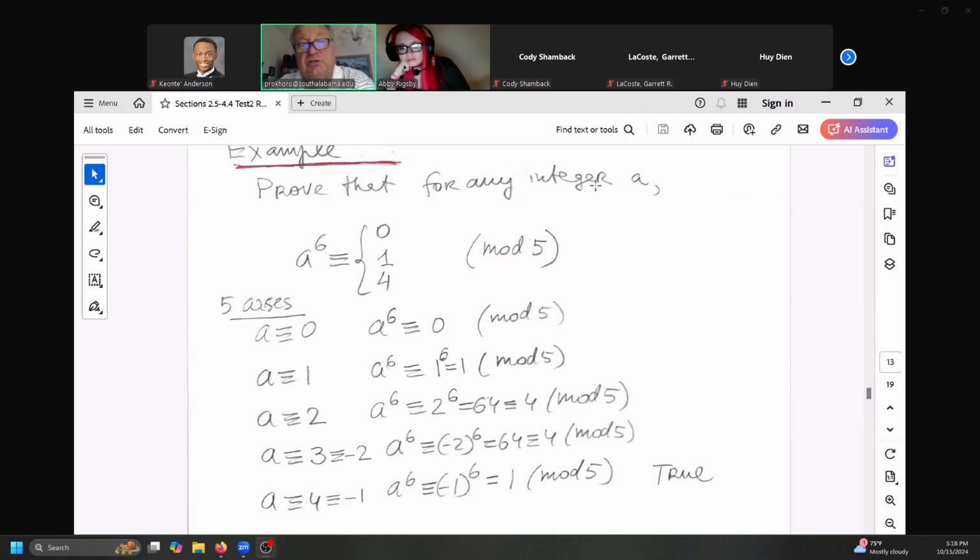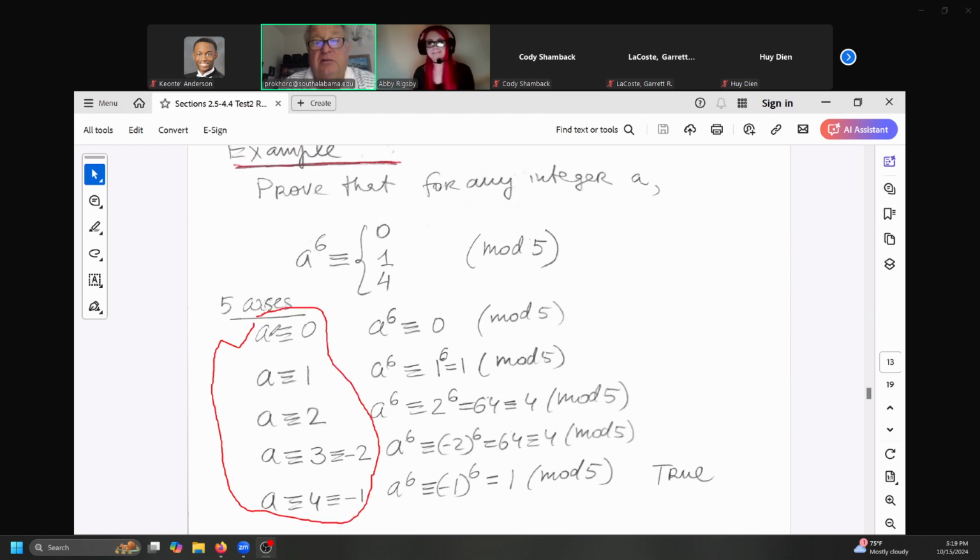Prove that for any integer a, a to the power 6 is congruent to 0, 1, or 4 modulo 5. If we have modulo 5, we have 5 possible remainders, so we'll see 5 cases. I take the formula for a to the power 6 and replace a by 0.